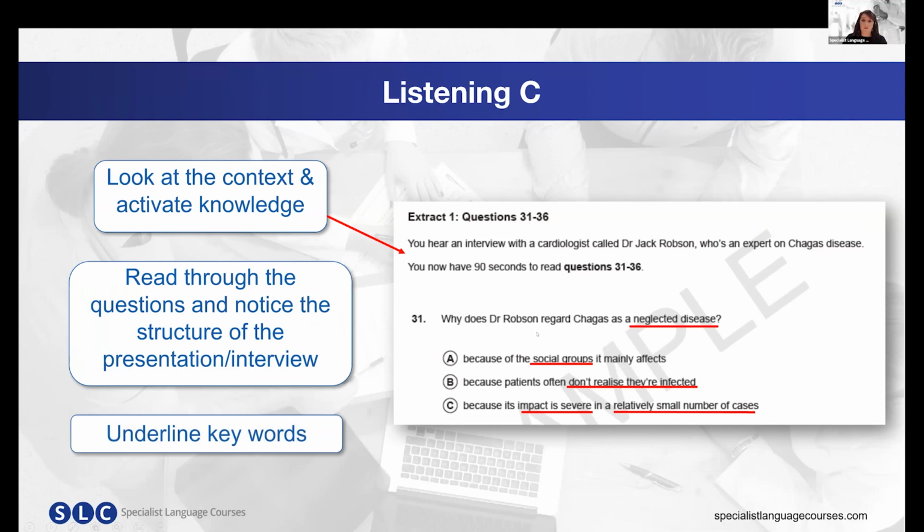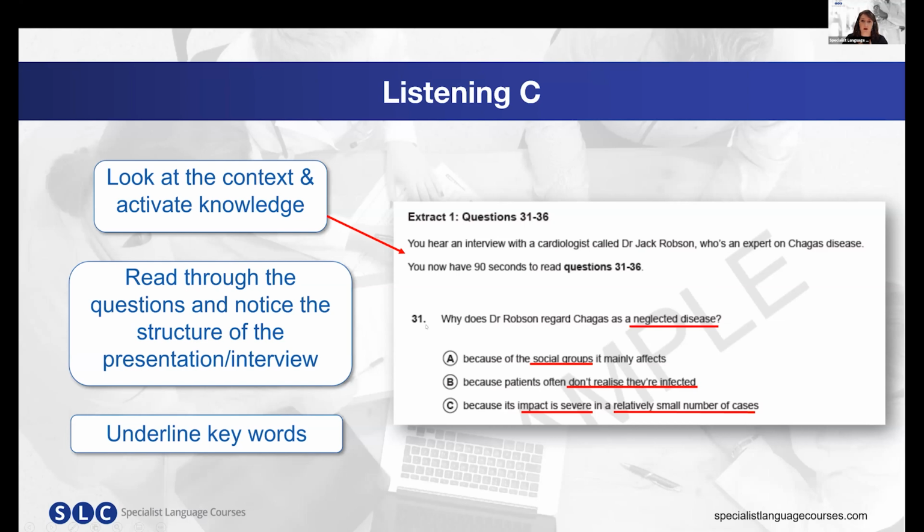So notice we underline keywords in both the question and the options. These keywords are the words that will help us to listen for the answer. Now remember that in Listening C, we may not hear these exact words, but we may hear words with a similar meaning. So let's do this question together.